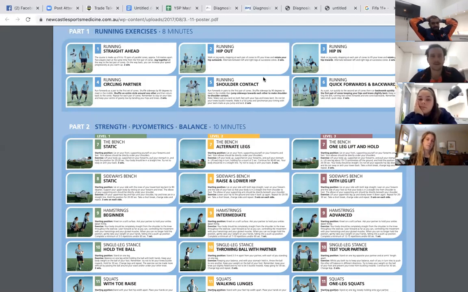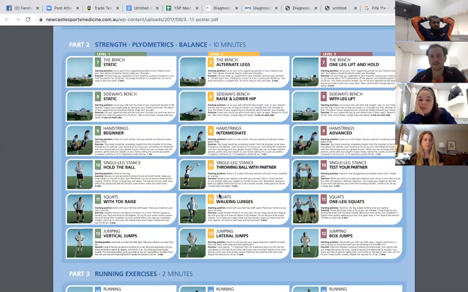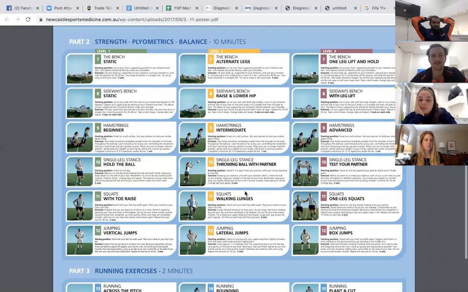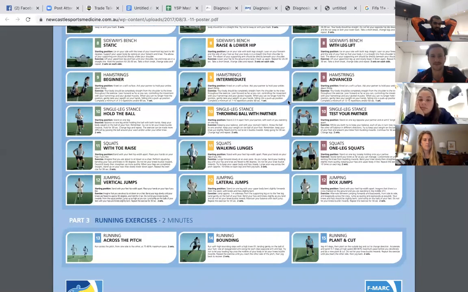Well, I think most teams would do at least that first part in their warm-up. And then throwing in a Nordic and a bunch of landing drills, adductor type work would definitely help, especially since it's got pretty good results already.